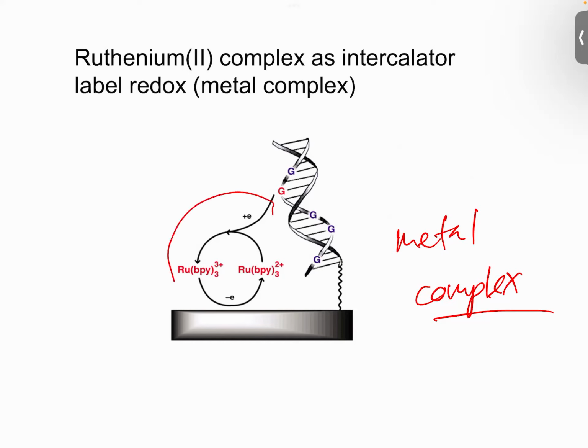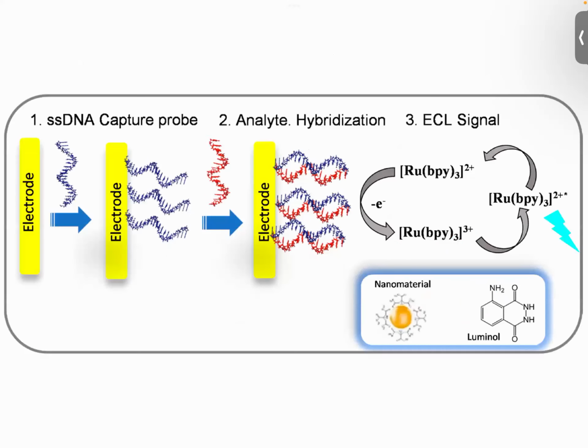You can see here the electron redox process happens. Then, of course, you will have an indication in terms of current change, whether you have a good hybridization or not. So this is in general how we use the metal complexes.